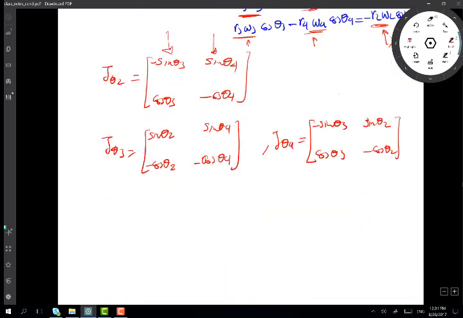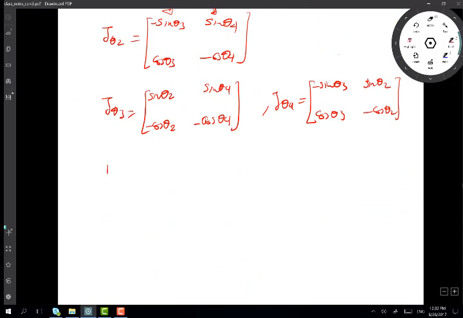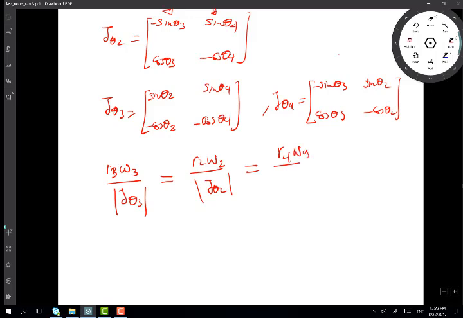So x1 corresponds to r3 omega 3, and I can put underneath the Jacobian j theta 3, but determinant, that's a scalar quantity, and over here I can go r2 omega 2, and the determinant of that, which is j theta 2 determinant, and here I have r4 omega 4 and Jacobian j theta 4 determinant.